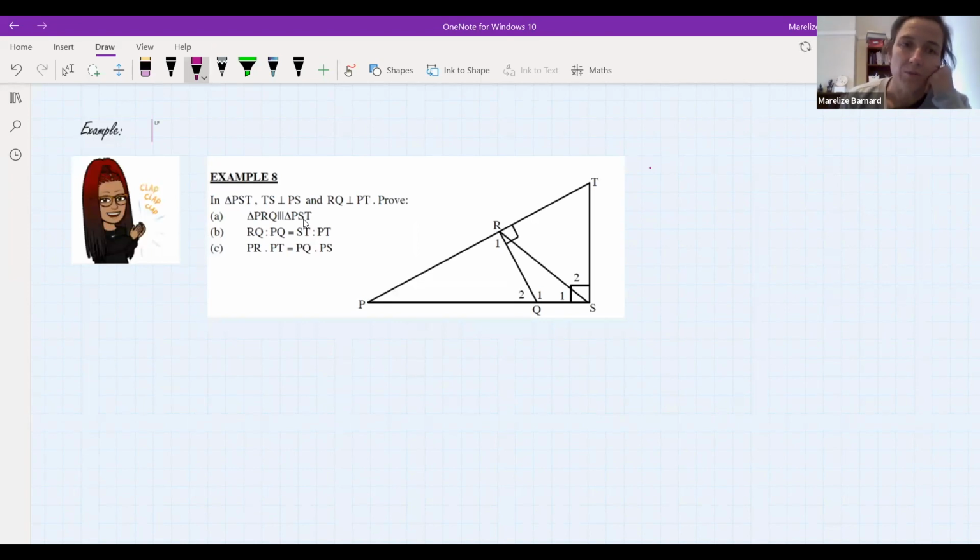So we're going to start with in triangle PST. So PST is this big one. We have TS perpendicular to PS and RQ perpendicular to PT. Okay, so that's important stuff, and I think we're going to probably need that very soon.